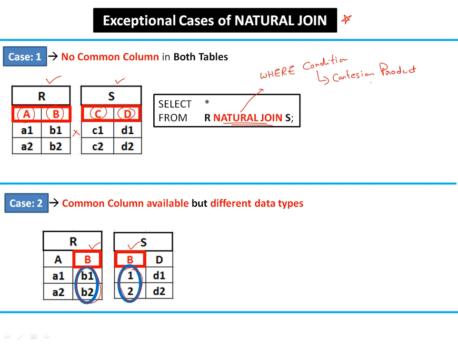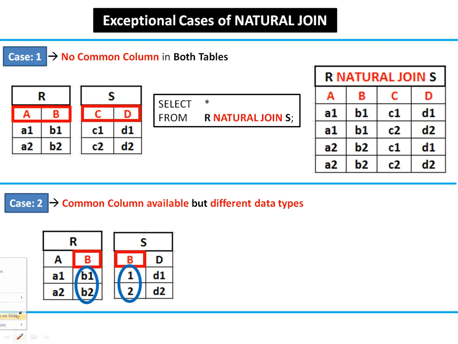That's it. So whenever I write natural join, I manufacture one condition and execute it on the Cartesian product. If there are no columns in common, every row from the Cartesian product will be selected. So the result will be the Cartesian product, guys.